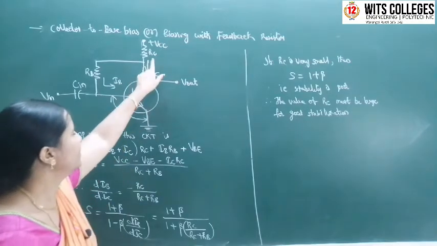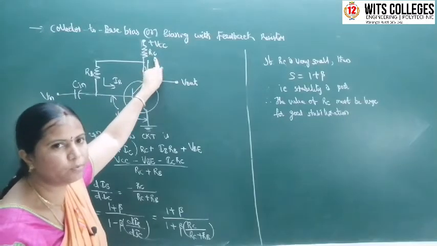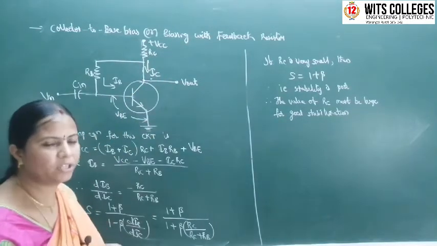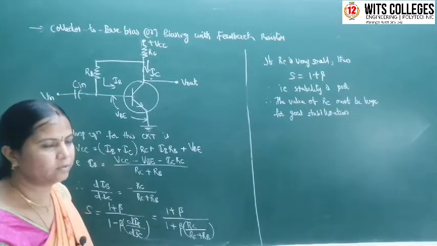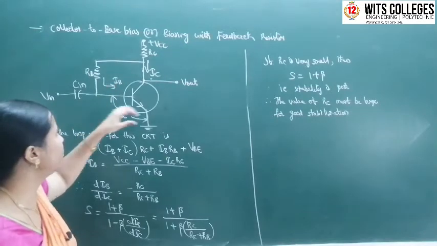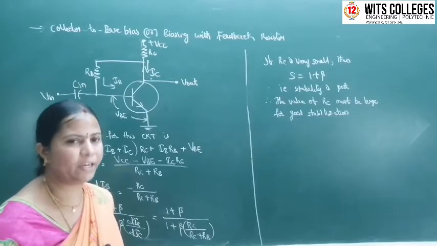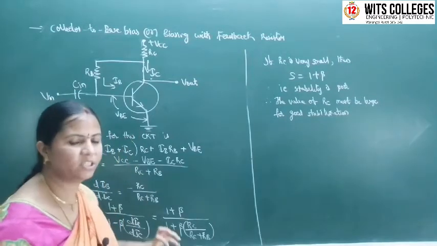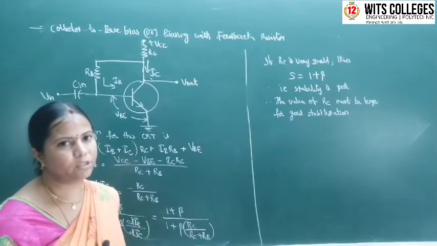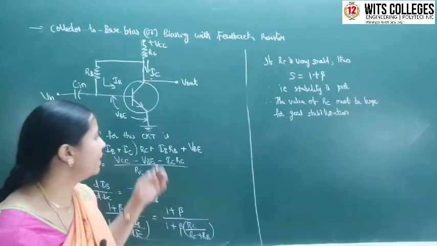Then the collector current and the voltage drop across RC increase. So the collector to emitter voltage decreases and the base current increases. Because of this, the operating point will not be stable in the active region, so we have to get greater stability for this circuit.